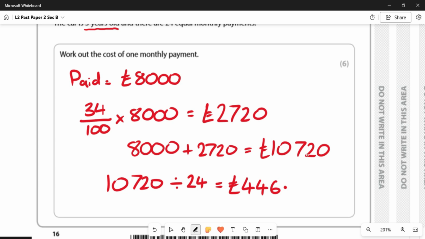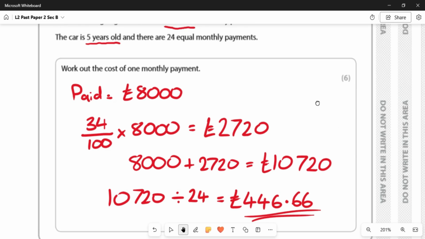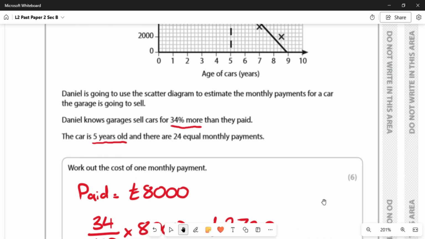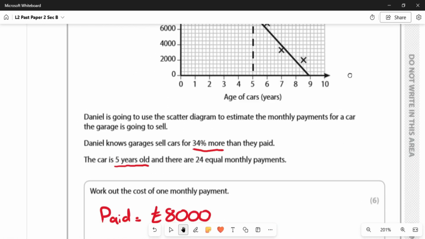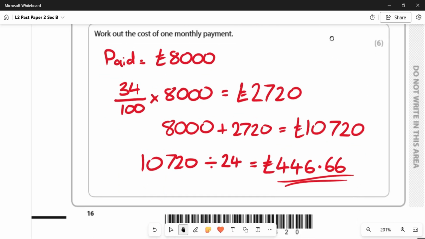I'm going to have to round that. I'll round that to 66 pence. If you round it up to 67, it would still be correct. They would still accept it. You have to do it to 2 decimal places because it's to do with money. So there's my final answer, and that'll get you 6 marks. That's pretty good for one question. Obviously, you have to draw your line of best fit, show your dotted lines and show your working.